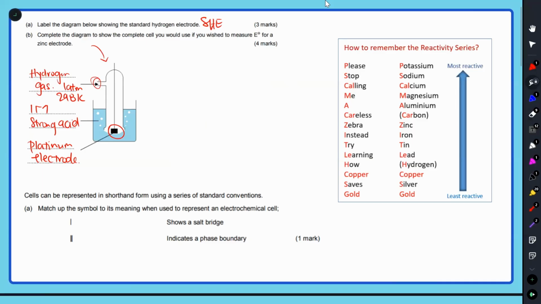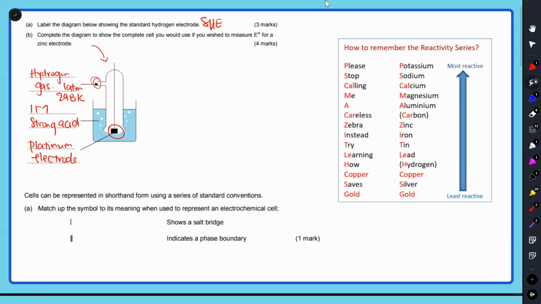Simply because in electrolysis, what you were actually considering was the electrolyte itself, the solution inside your beaker. But now, while doing redox equilibria, what we're considering is the actual electrodes and what the electrodes themselves are made of.